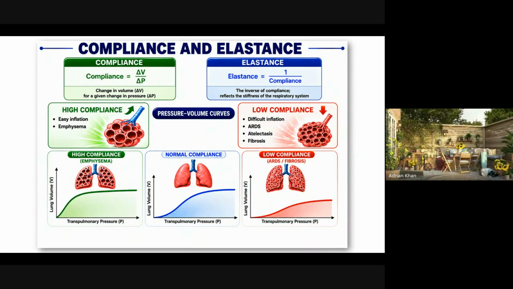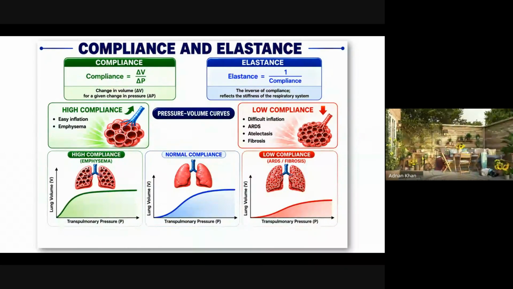Here we will talk about compliance and elastance. As you all know, compliance describes how easily the lungs expand, and it is calculated as the change in volume divided by the change in pressure, while elastance is simply the inverse of compliance, and it reflects lung stiffness.